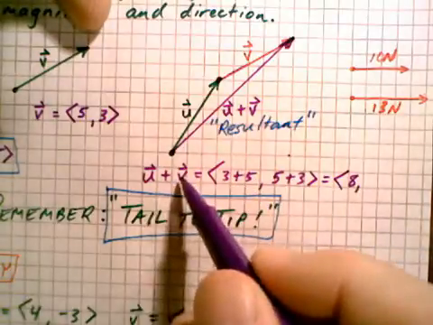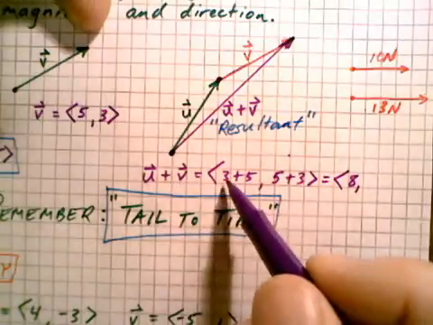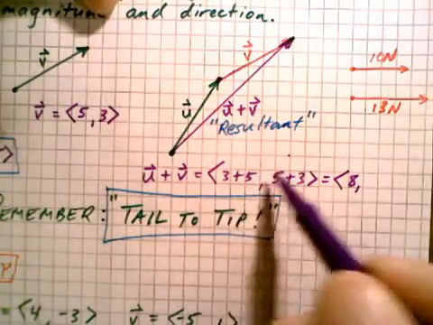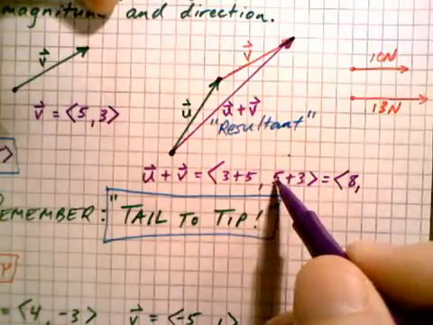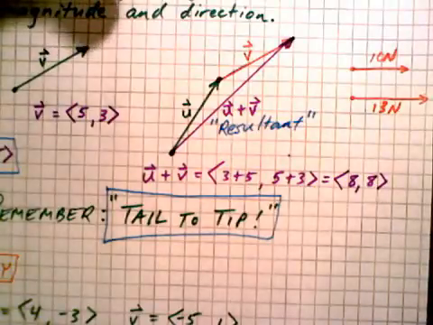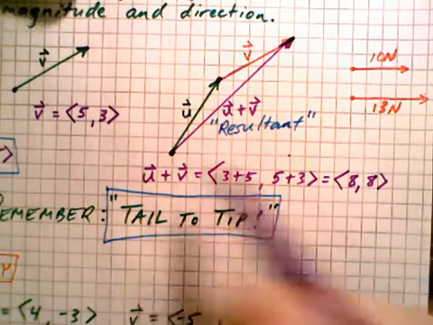So vector u plus v can be obtained by just adding the x component, or the horizontal component, 3 plus 5, you get 8, and then you add the vertical components of each vector, 5 plus 3, and you also get 8. Okay, and we could talk about the length of the vector, and we'll do that a little bit later. Okay, but that's vector u plus v.